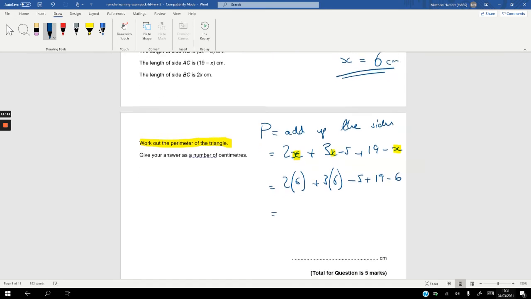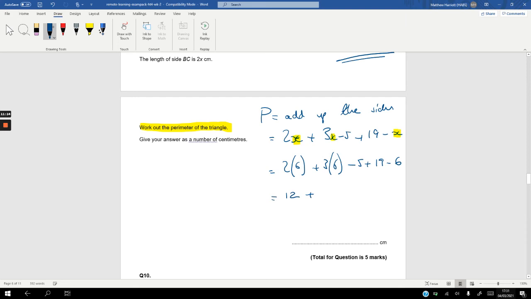I'm just going to do every single step here. 2 lots of 6 is 12 plus 18 minus 5 plus 19 minus 6, and I can start doing this. 12 plus 18 is 30, minus 5 is 25, plus 19 is 44, minus 6 is 38 centimetres. I think I might have done that wrong. No, 38. Okay, 38 centimetres.